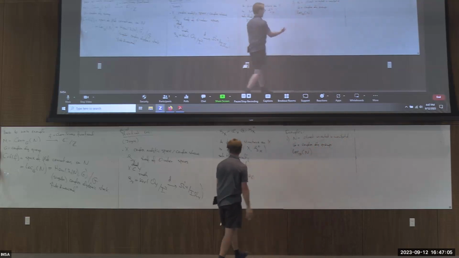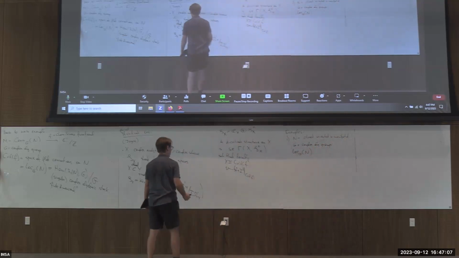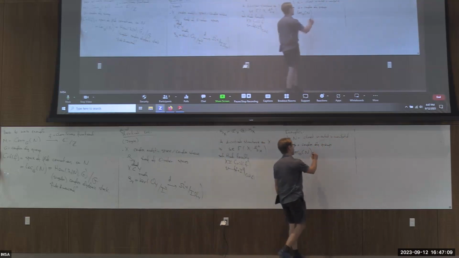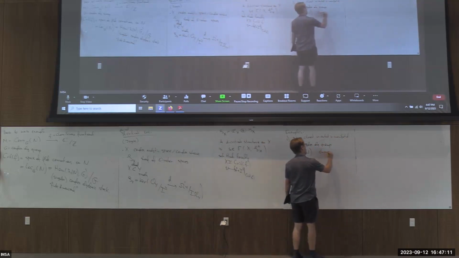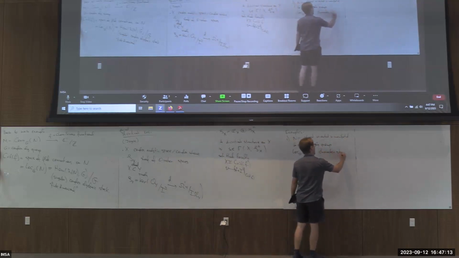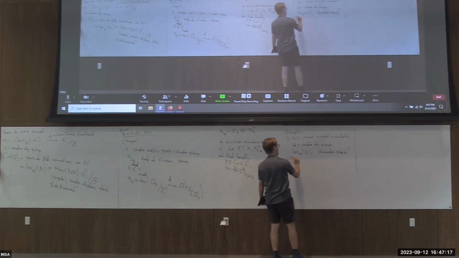So this space, let me refer to this as the character stack, is a d-critical locus.